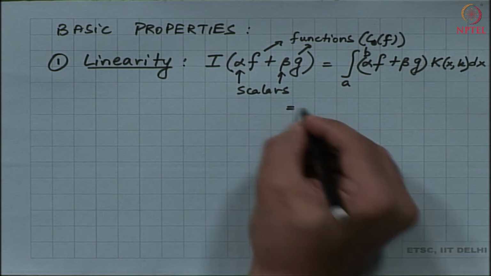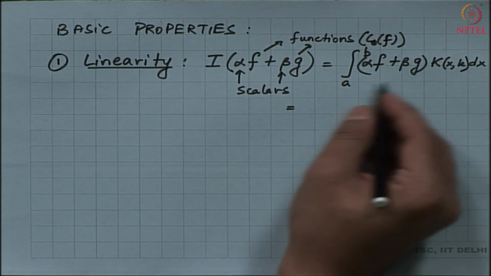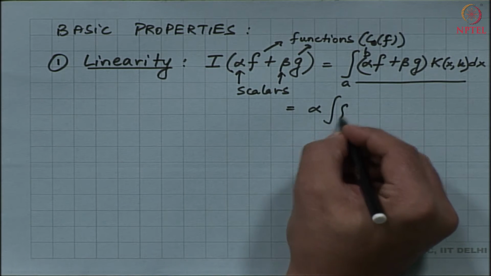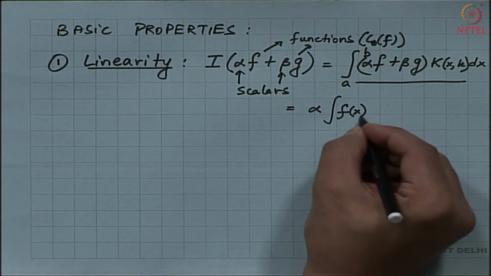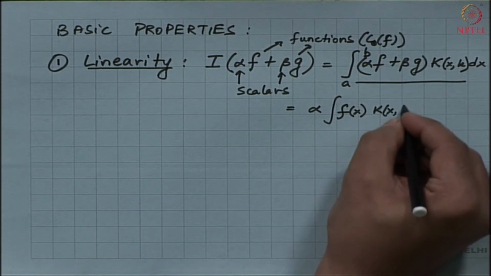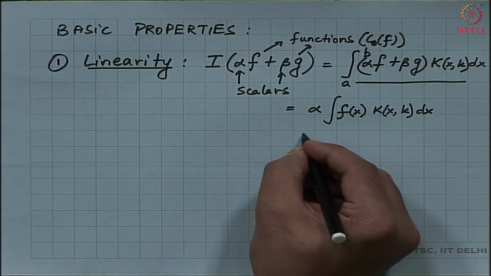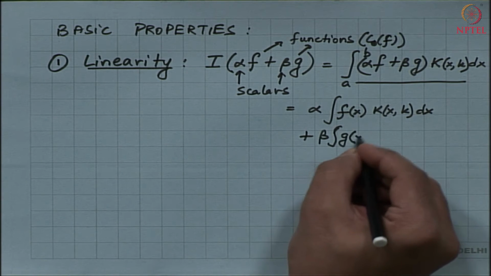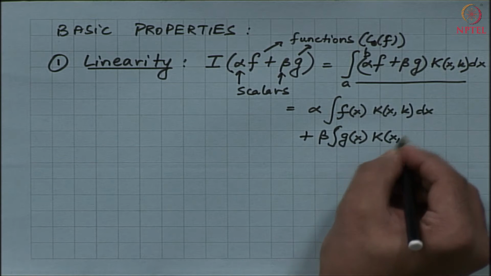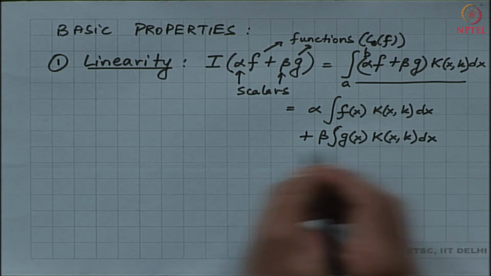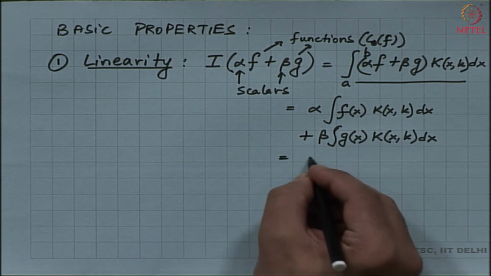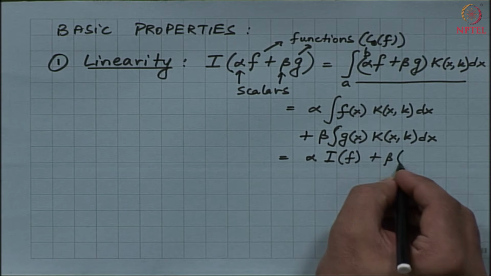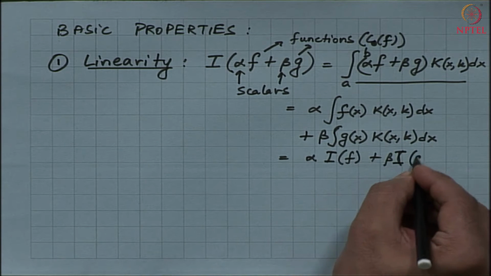Then of course, we can write this function as alpha times the integral of f of x K of x comma k dx plus beta times the integral of g of x K of x comma k dx. So, of course, we can see that this is alpha times I of f plus beta times I of g.